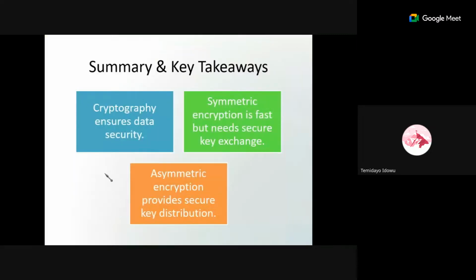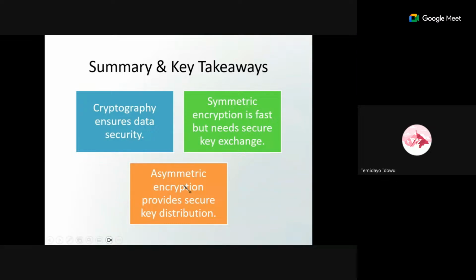So in summary, cryptography ensures data security. Symmetric encryption, we know it is fast because you need just one key. It is fast, fine, but you need to provide a secure key exchange. If you are not exchanging that key with somebody in a secure way, then it does not make any sense.